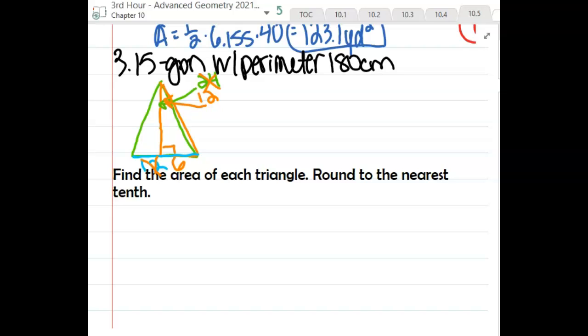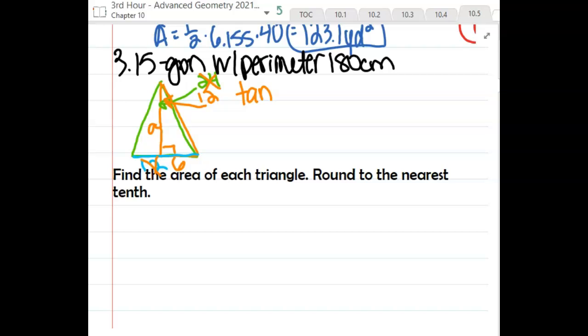So they actually give me the perimeter, but I do need to find the apothem, which is going to be that adjacent side. It's going to be similar to that first one. So I have the adjacent and I have opposite. So adjacent and opposite is going to be tangent.